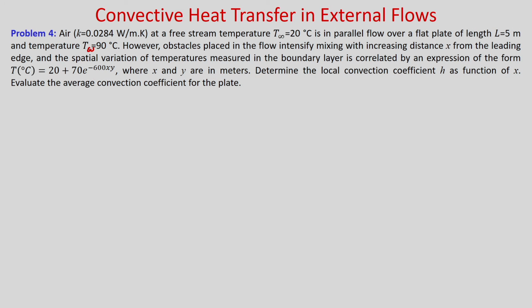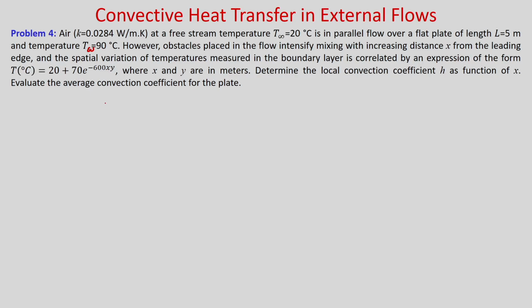and evaluate the average heat transfer coefficient for the plate. So, in this particular case, the temperature variation with the coordinates x and y is given. From there you will be able to calculate the temperature gradient at the wall. Once you know the temperature gradient at the wall, you can calculate the heat flux from the surface, and then the local heat transfer coefficient.